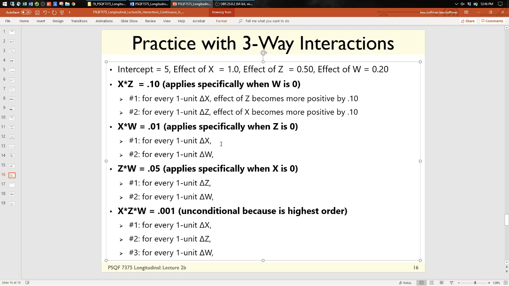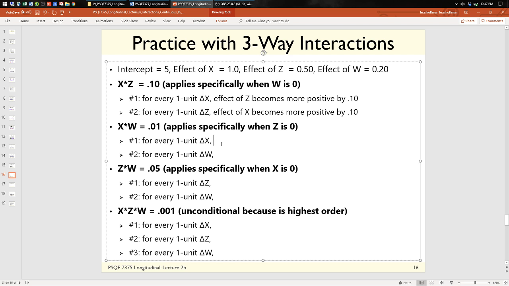Next, let's go the other way. X by w, small interaction, 0.01. If we talk about w as the slope, the slope for w is 0.2 when x is 0 and z is 0. For every 1 unit change in x, what happens to the effect of w according to this new interaction? Your turn.